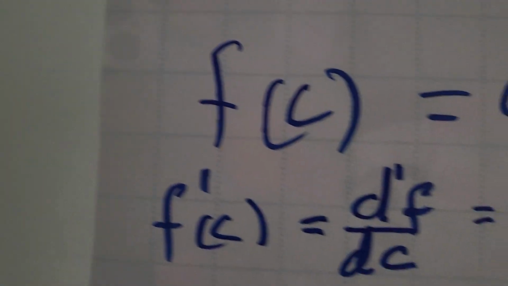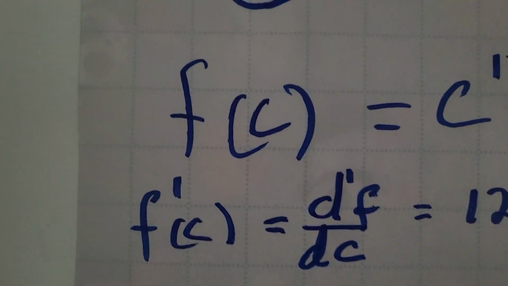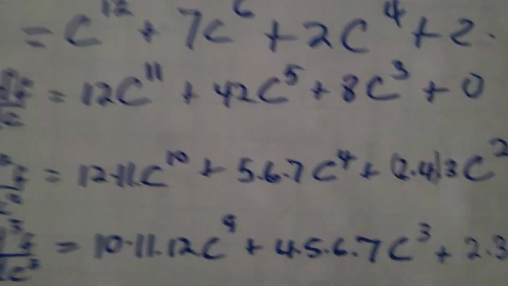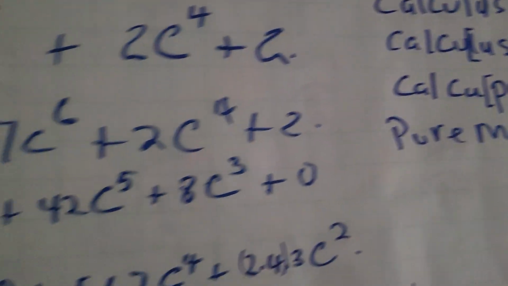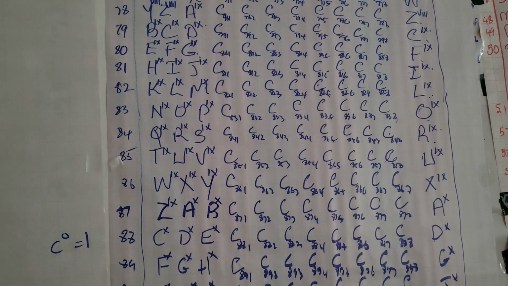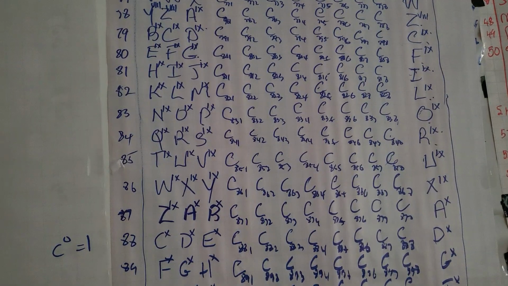F of C is equal to that function of C. And so we start from the first derivative of C to the 13th, and we differentiated in that order. Okay, so there we have it.